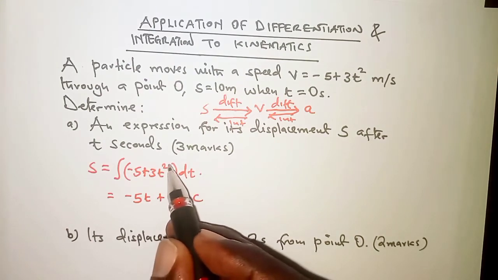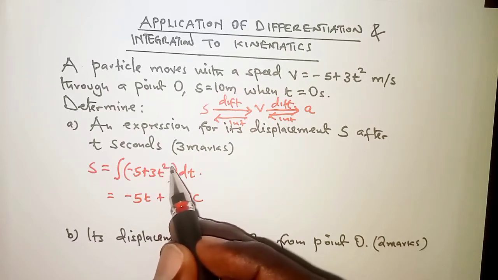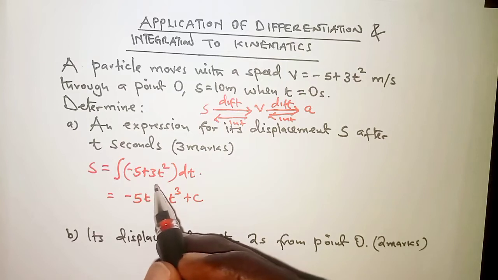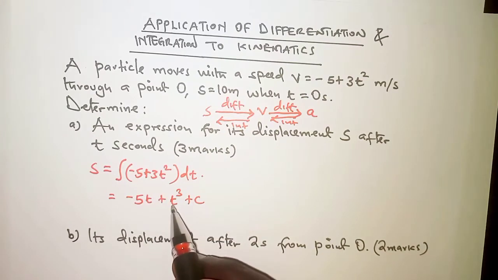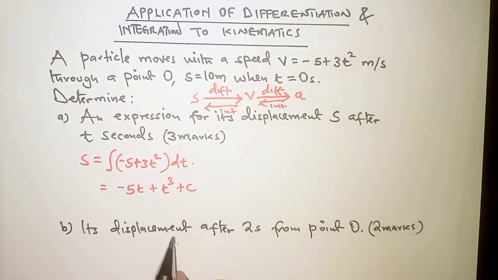So we increase the power of t by 1, so that is t cubed, and then the power divides the term, that is, we divide by 3. The 3's will cancel, and that is how we remain with t cubed. And then you must add a constant c.